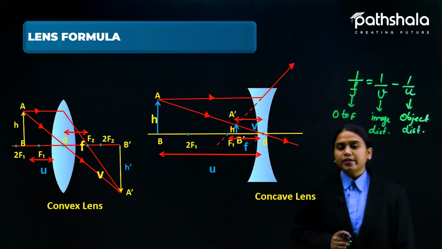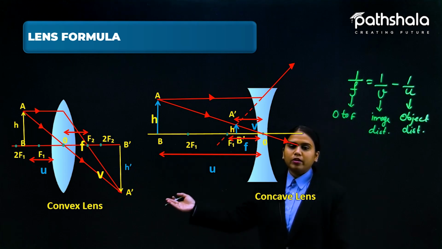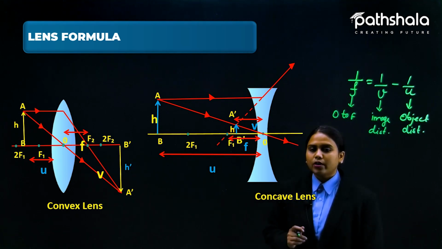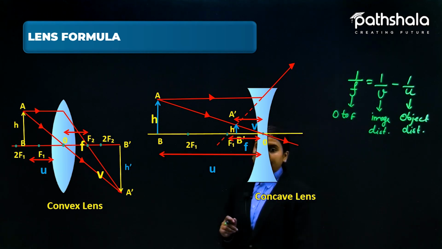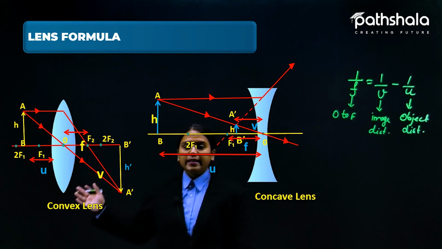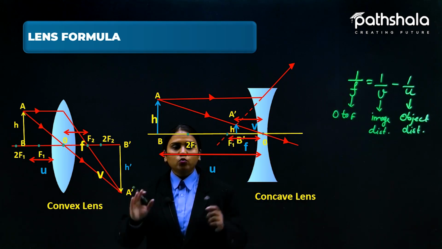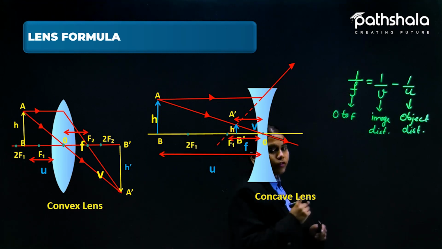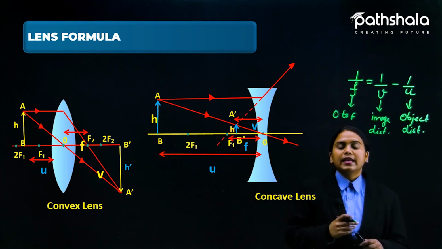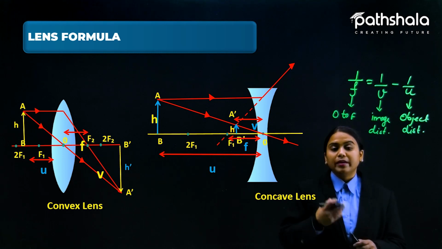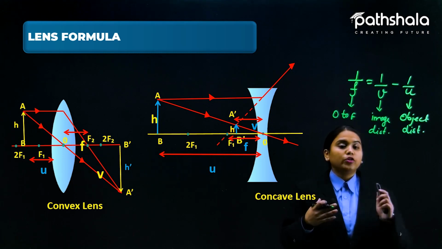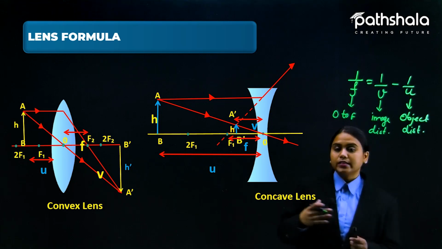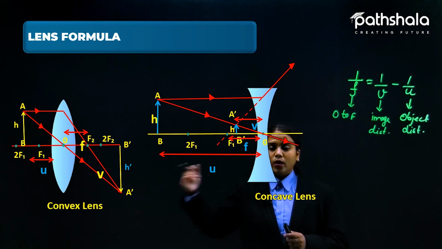So let's suppose we are having two situations, one for the convex lens and another for the concave lens. As you remember, in both cases we were having two focuses. But here, you know that 5 out of 6 cases in the convex lens are of the real image. That is, the image is going to be formed after refraction on the other side, like this one.